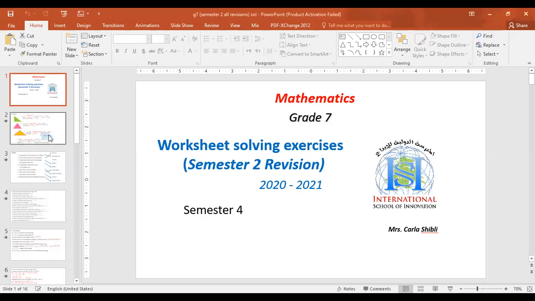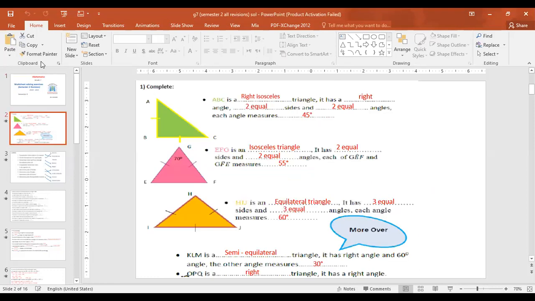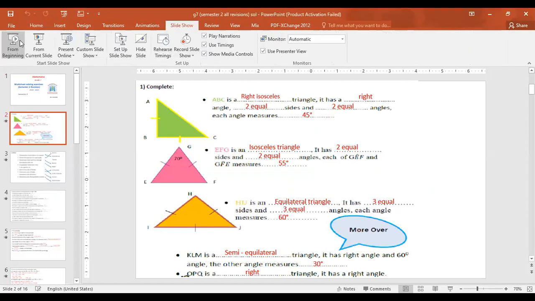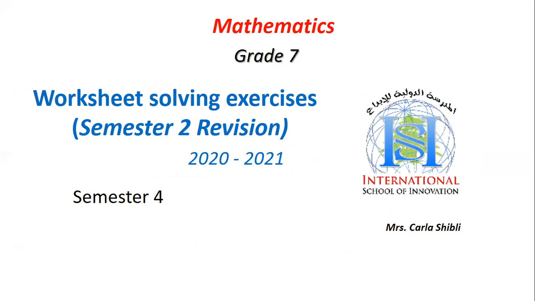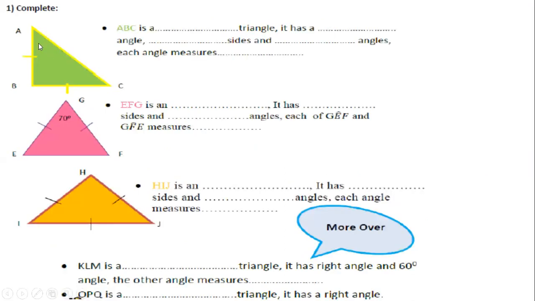Okay, so after revising the special triangles, let us do this exercise in the worksheet that we have now. This exercise is a revision for special triangles. So let's look at the first figure. In the first figure, we have a triangle ABC.